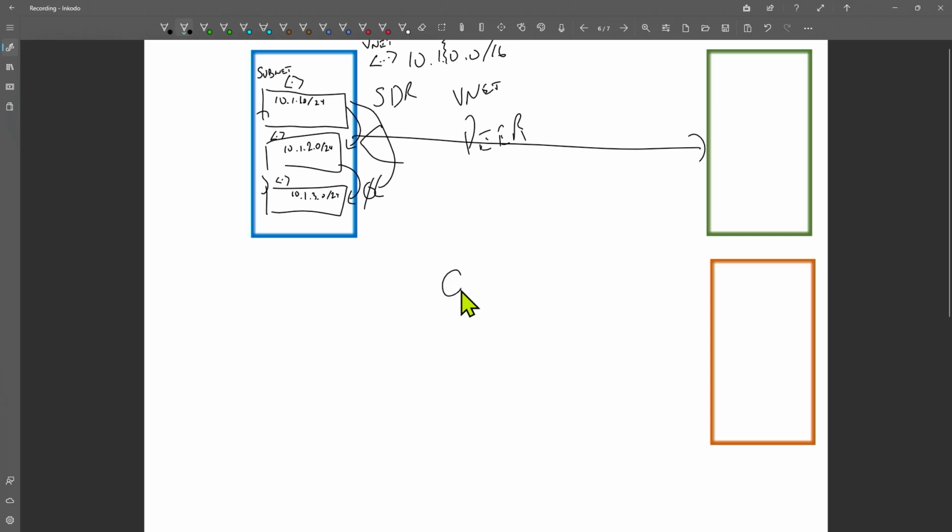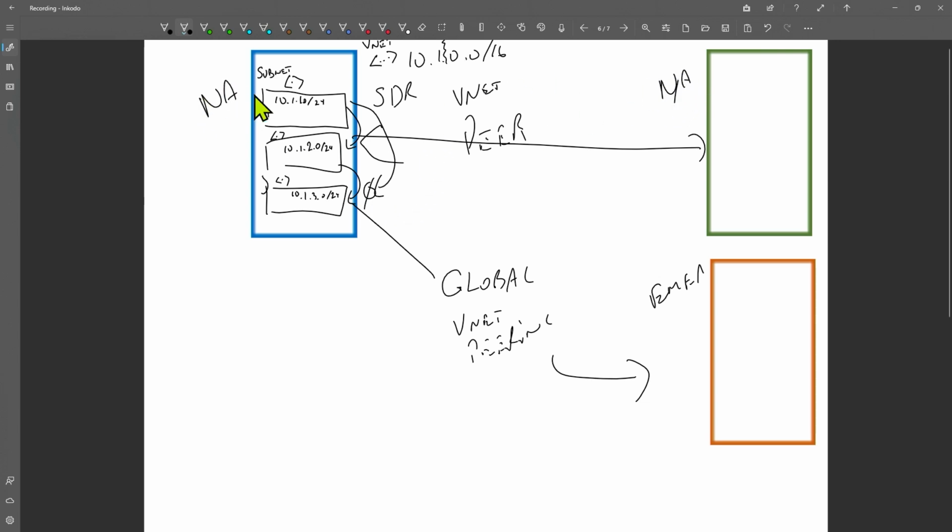And you have global VNet peering. Maybe this is in EMEA, Europe, and both of these are in North America. It is going to then have secure communications across the Microsoft network.